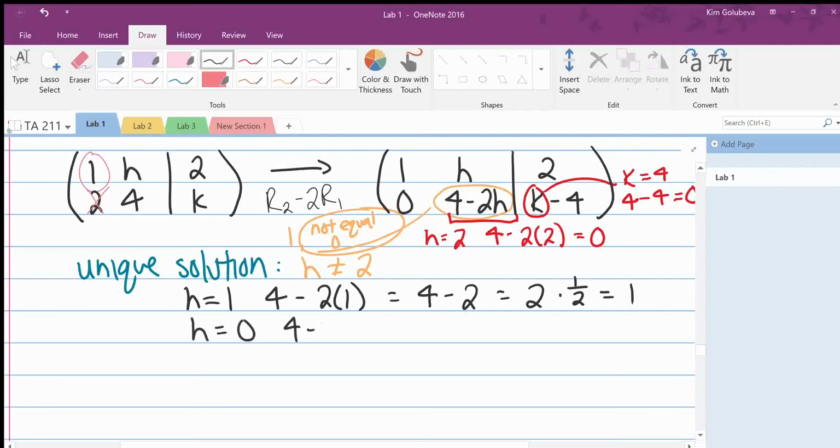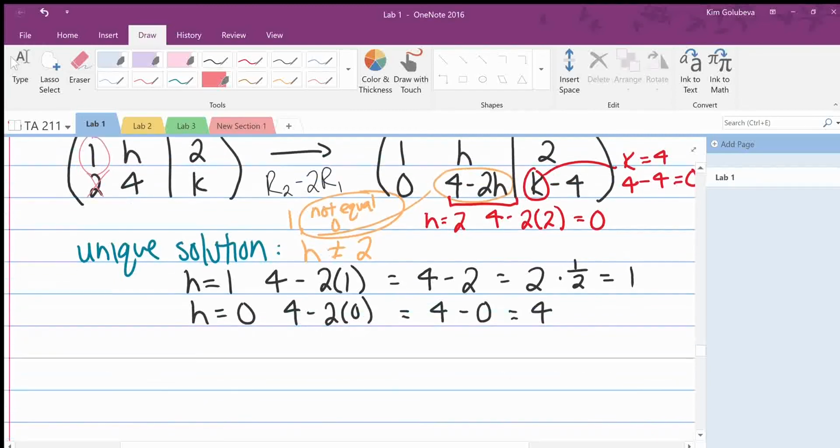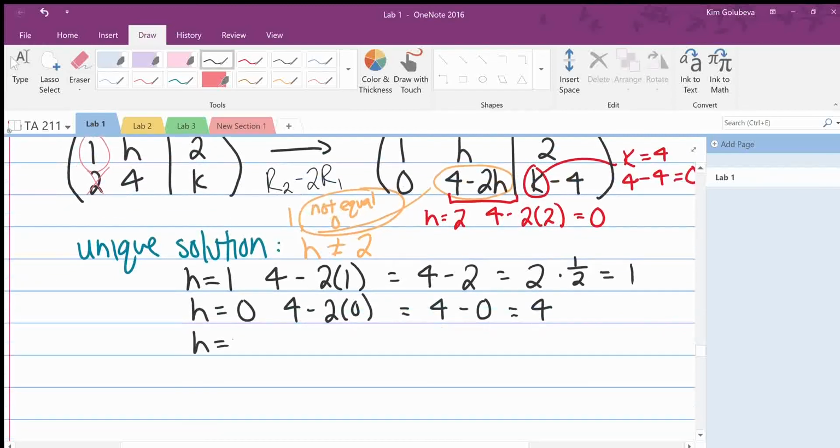So we have 4 minus 2 times 0 equals 4 minus 0 equals 4. Okay, so that works out also. If h equals 2, like we said above, we have 4 minus 2 times 2 equals 4 minus 4 equals 0. And we can never have a unique solution if this value equals 0. So yes, this is true. So h cannot equal 2.